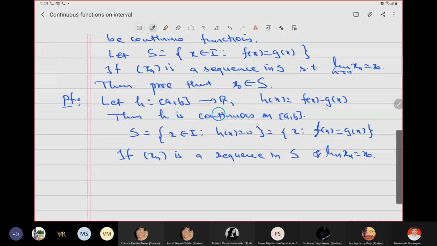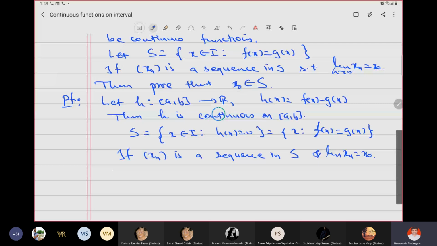Then can I say that xn is a sequence in interval AB? Yes, sir. Because it is in S and S is a subset of I. So xn is a sequence in closed interval AB.